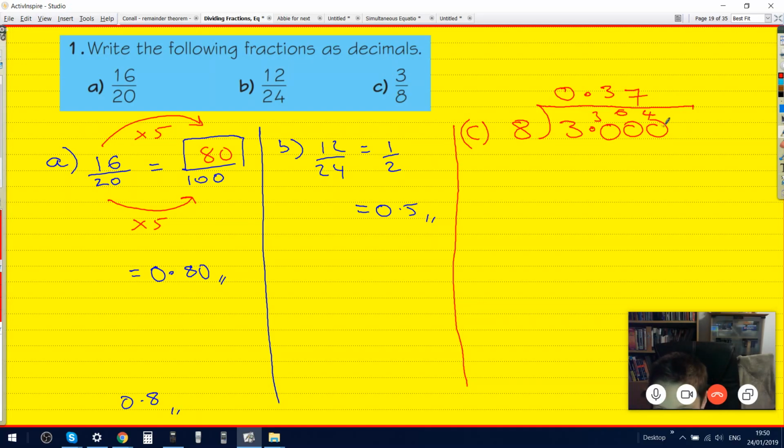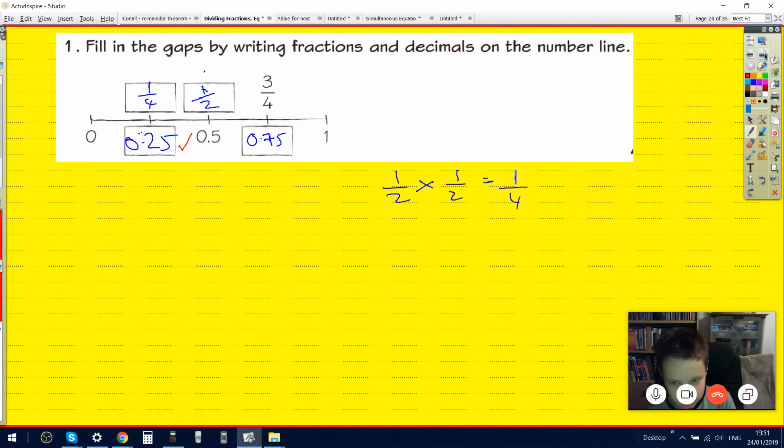And then how many 8s go into 40? It goes in 5 times. That's it. And so, what is 3/8 as a decimal? 0.375. Yes. So you can always use dividing to get the answer.